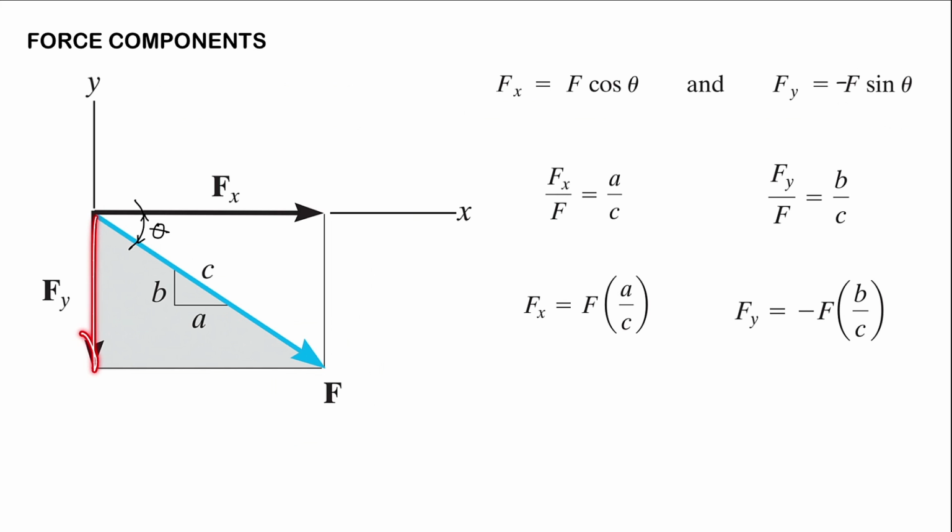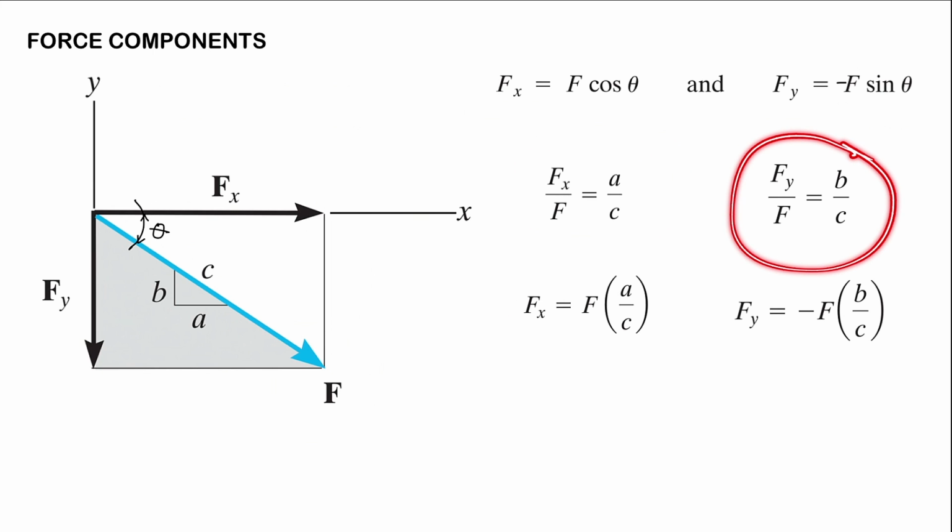Your Fy is proportional to your side B, your Fx is proportional to your side A, and your force F is proportional to your side C. Right? So if we want to compute for your Fx, by principles of ratio and proportion, Fx is to F as A is to C. Now, by that mathematical relationship, we can solve for Fx. And the same thing for your Fy.